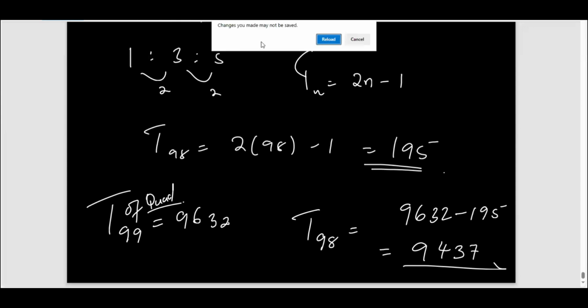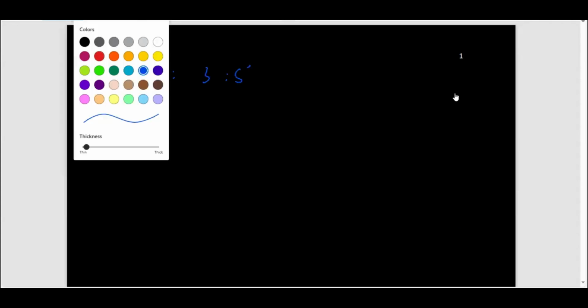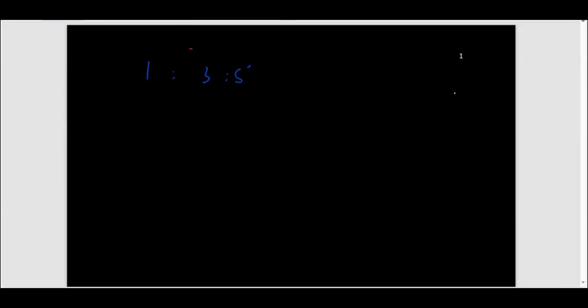So what we're going to do is, let's see. Okay. So we said 1, 3, and 5. Okay, then they gave us the third term.